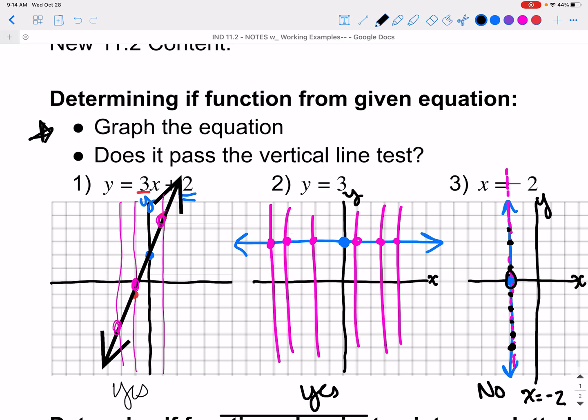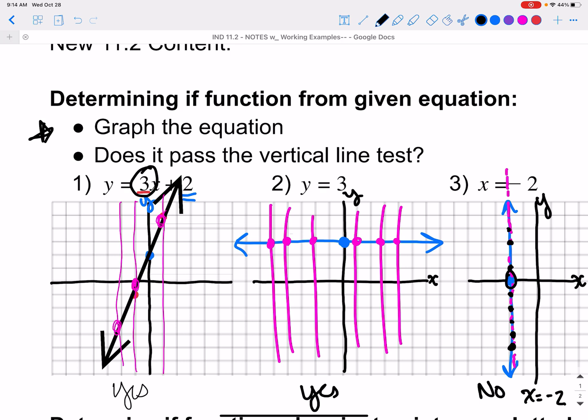So as a recap, any linear equation with a slope, any kind of slope, is always going to pass the vertical line test. A y equals is always going to pass the vertical line test.